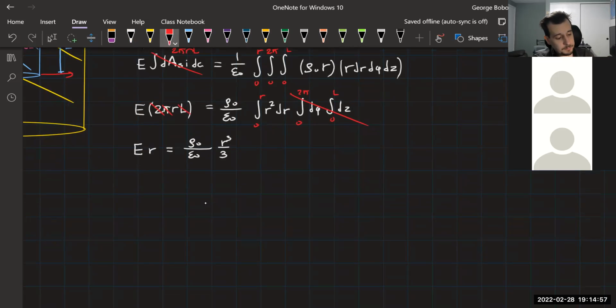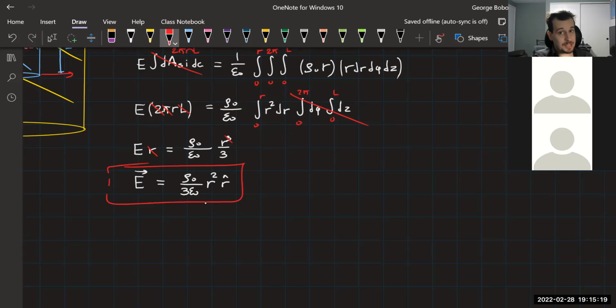So I get rid of a factor of R here. There we go. And then we have here the electric field is equal to rho naught over 3 epsilon naught times R squared. And we've come in from the beginning knowing the direction that it's going to be in the R direction. And that's our electric field inside the cylinder, period.